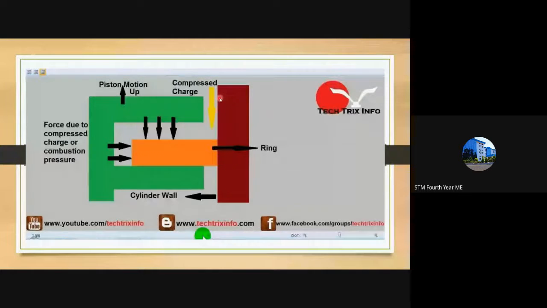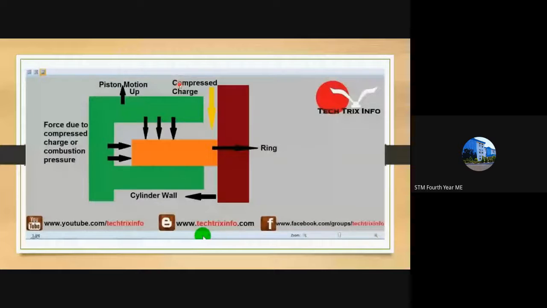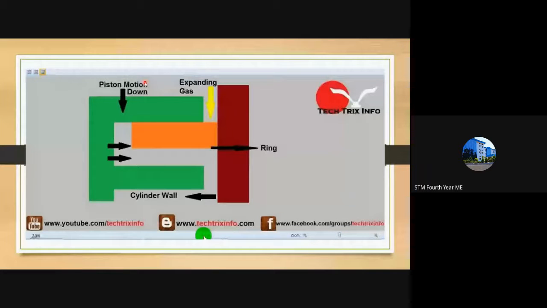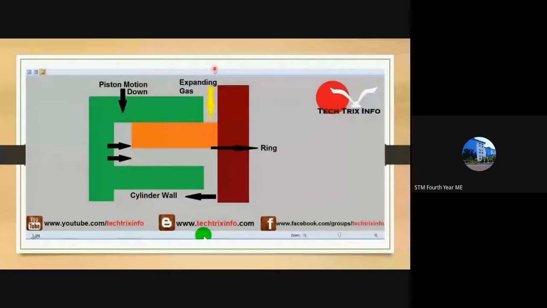Also, when the piston moves downwards in the next stroke, that is the expansion stroke or the power stroke, an explosion occurs at the top of the piston. When that explosion occurs, the expanding gas pushes the piston ring downwards.